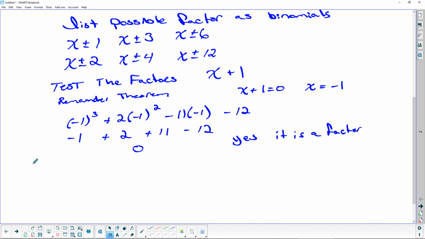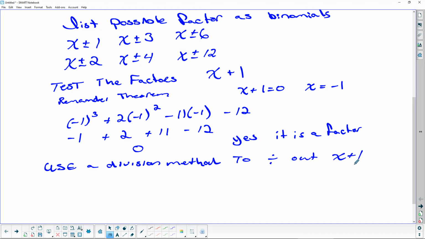Okay, so now we use a division method, whichever one you like, to divide out x plus 1. I'm just going to use synthetic division.